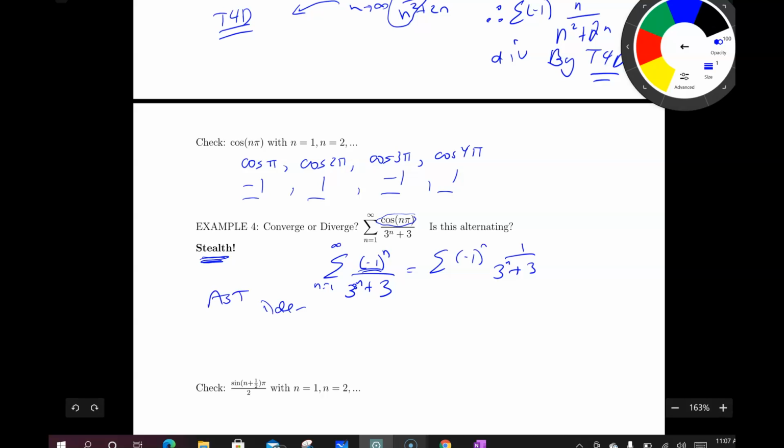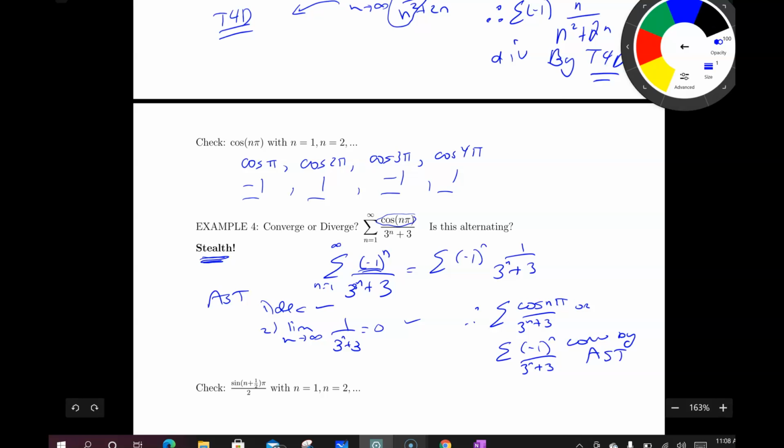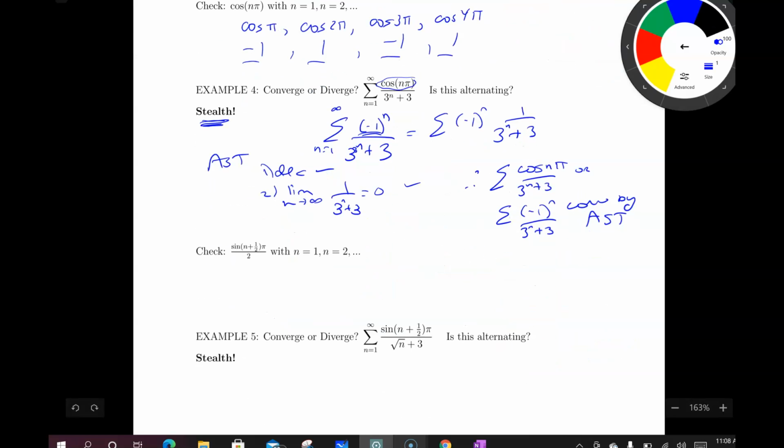Do the terms look like they're decreasing? Yes, they do. If I take the limit as n goes to infinity of the positive terms, I get 0. Check. Both of the criteria are satisfied. So therefore, this, or you can rewrite it like this, right? They mean the same thing. Converge by AST. Okay, so that's just one you need to know.